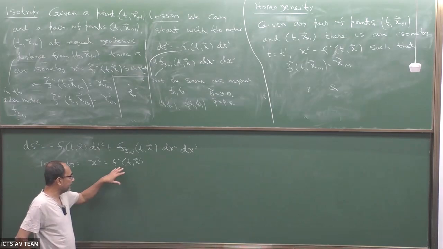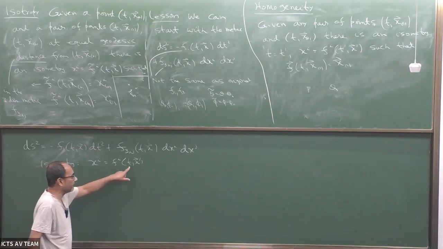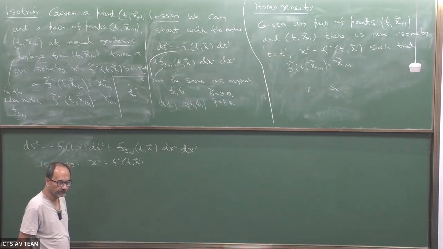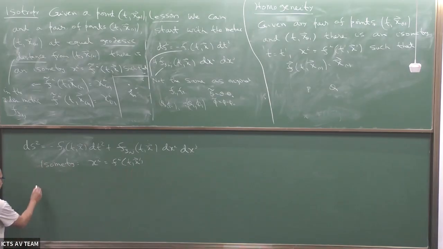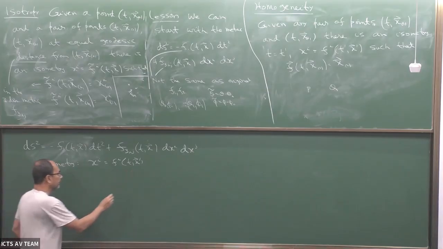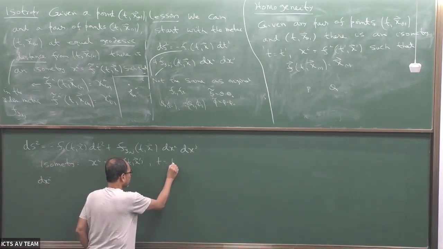But you can immediately see that f^i cannot depend on t. Let's see, dx^i, t is t prime, because we are not touching t.